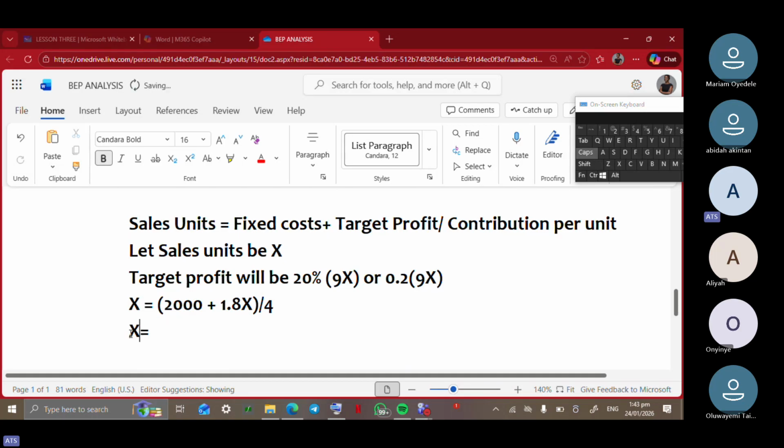When you cross multiply, 4x will be equal to 2000 plus 1.8x.